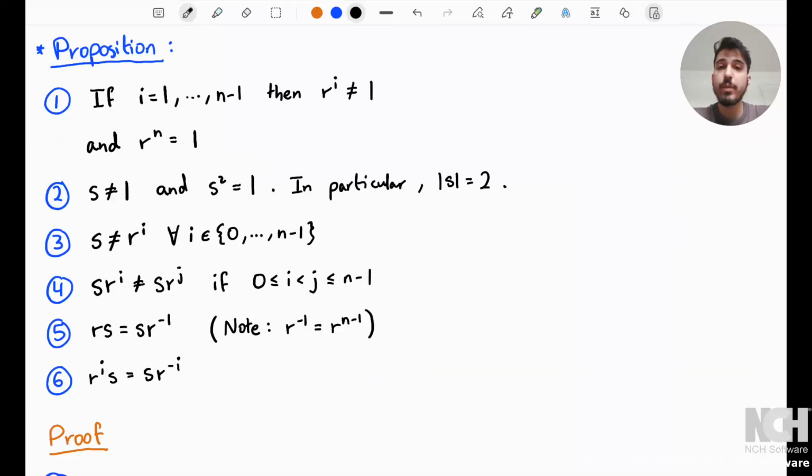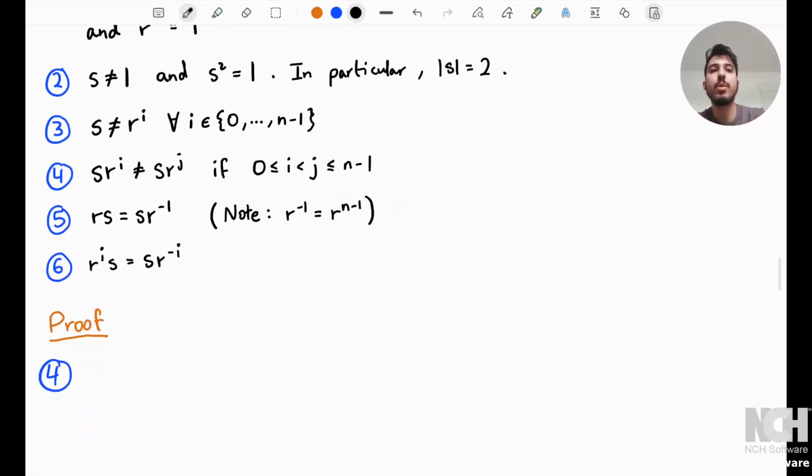Let us now prove the fourth part of the proposition. For the fourth part, we have that s r to the i is not equal to s r to the j, if i and j are not equal, i less than j, and both of them are between 0 and n minus 1 inclusive.